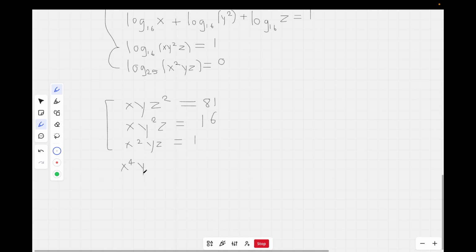So you get x power 4, y power 4, z power 4 is equal to the product of the right-hand side, which is 81 times 16. That's equal to 1,296. And so xyz to the power of 4 is equal to 1,296, which is equal to 6 power 4.